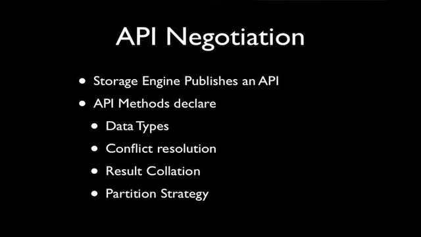So there would have to be some sort of API negotiation where your storage engine or stateful service or whatever you want to call it, your app server, publishes its own API. What can this do? What are my data types? How do I do my conflict resolution? How do I collate multiple results if we're doing list type queries? And what are my partitioning strategies?